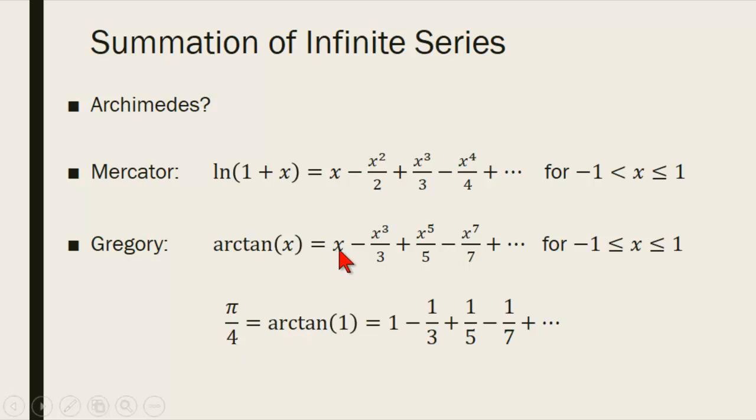But if I plug 1 in on the right-hand side, these powers greatly simplify, and I just get this series of constants. And so by taking enough terms of this infinite series, a finite number of terms, we can calculate pi over 4 to any desired accuracy, and therefore we can calculate pi to any desired accuracy.